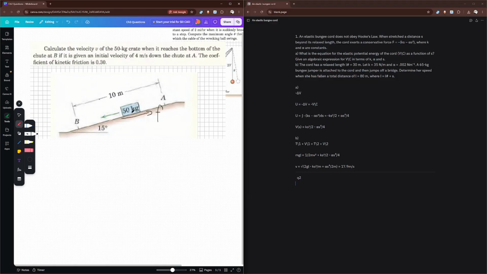We know there's going to be gravity, mg, which when we split into components, we're going to have down this way and down this way, which balances out the normal force. So the normal is equal to, angle of 15 is here. Angle of 15 is here. We know the velocity. We know there's friction.